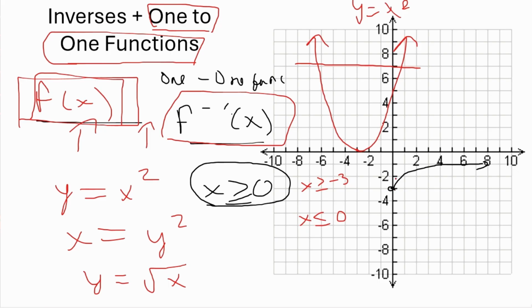I'm pretty sure in the curriculum it's only the parabolas, like quadratics. So you find the axis of symmetry and you put the restriction on it based on that, and then it only has one leg. It passes all the vertical line tests, so we can turn it into a one-to-one function by adding a restriction. Okay, so yeah, that's one-to-one functions.